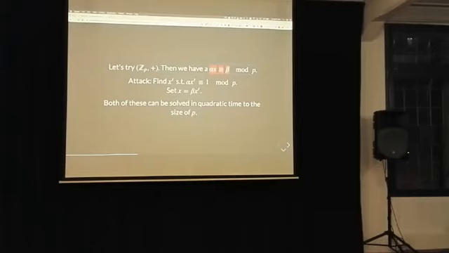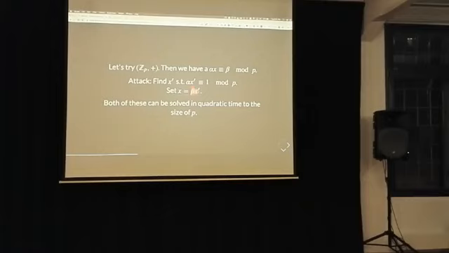Now, what's the time complexity of these operations? Unfortunately, both of these can actually be solved in quadratic time with respect to the size in bits of p. Not good, because what does it involve? It essentially involves just finding the multiplicative inverse and then multiplication modulo p.